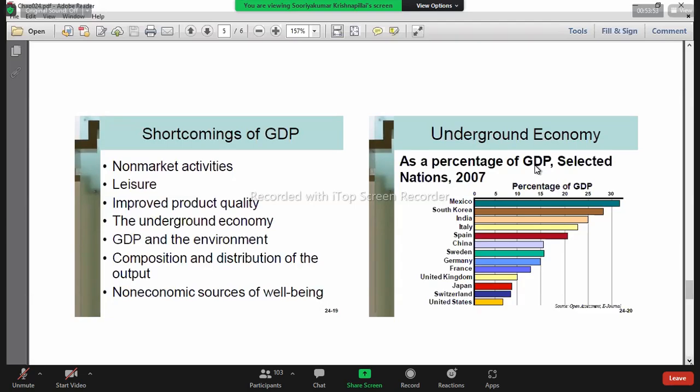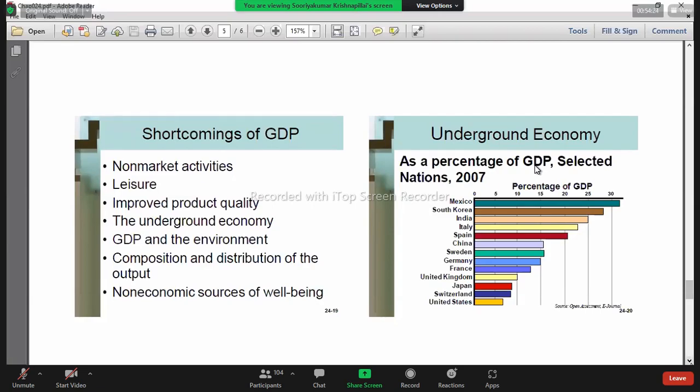Composition and distribution of the output. Even if the GDP of the country increases, the distribution of the output may be different and the composition is different. Some rich people may get more and more, and poor people get less and less, even though the country's total production increases.